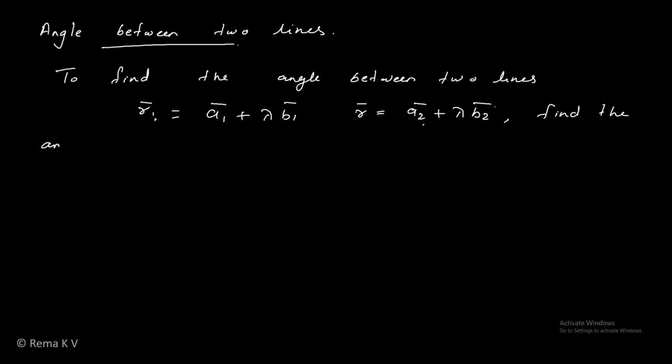Find the angle between vectors b1 and b2. See, this line r is parallel to vector b1 and the second line r is parallel to vector b2. So to find the angle between these two lines, it is enough to find the angle between the vectors b1 and b2.